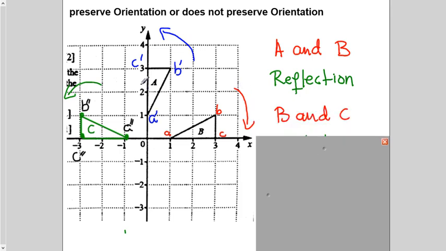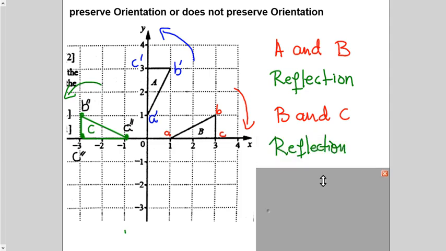If I see B and C, it is clockwise and this is anti-clockwise. So again, triangles B and C are reflection. I will explain in a minute, if it is reflection, then what you have to explain about it. Definitely you have to explain the line of reflection.